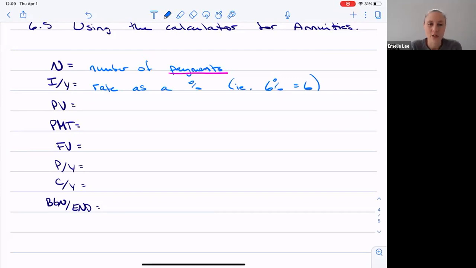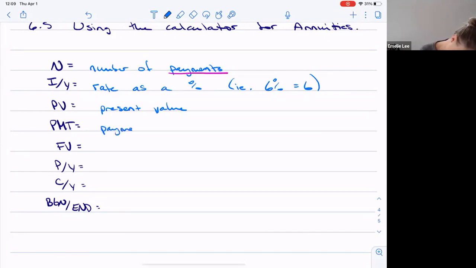The present value is, of course, the present value. The PMT is that regular payment amount. We were putting in 0, right? Because we didn't have a regular payment amount until now. So now we can put something in there.